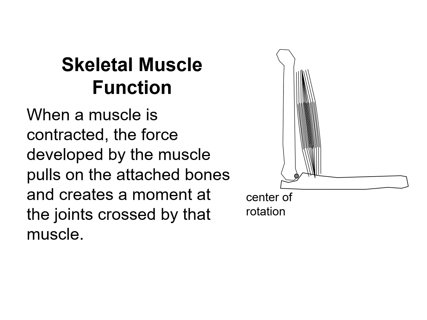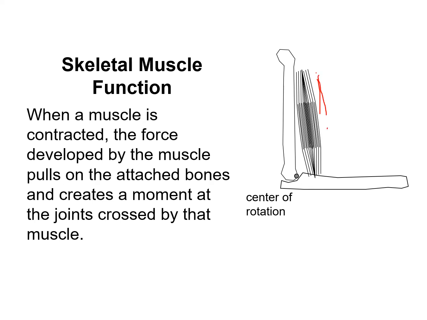So skeletal muscle function. When a muscle is contracted, the force developed by the muscle pulls on the attached bones and creates a moment at the joints crossed by that muscle. So when we look at this, we see that this muscle right here is concentrically contracting.